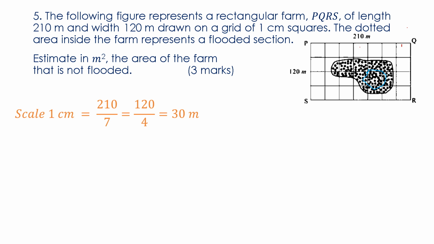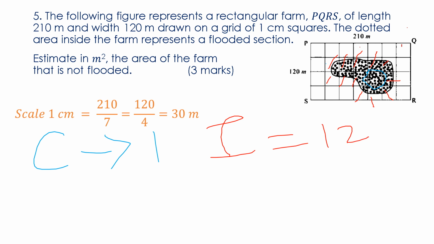The incomplete squares we count as 1, 2, 3, 4, 5, 6, 7, 8, 9, 10, 11 and 12. So the incomplete squares are 12.